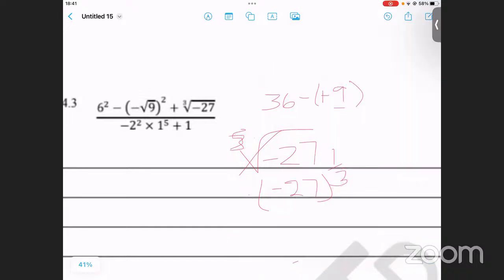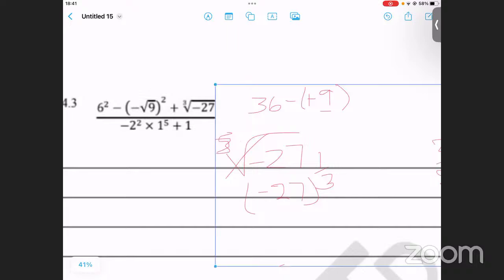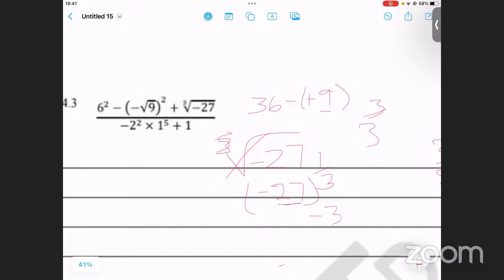If we're having something like this, we should know that we can convert 27 to 3 to the power of something, which is 3 to the power of 3. So we have a minus 3 to the power of 3, close the bracket.